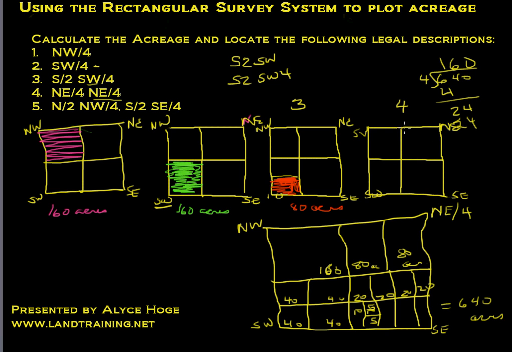Then we're going to subdivide that northeast into 4. And then this would be the northwest, the northeast, the southwest, the southeast. So this is the northeast of the northeast. So that's going to be right here.